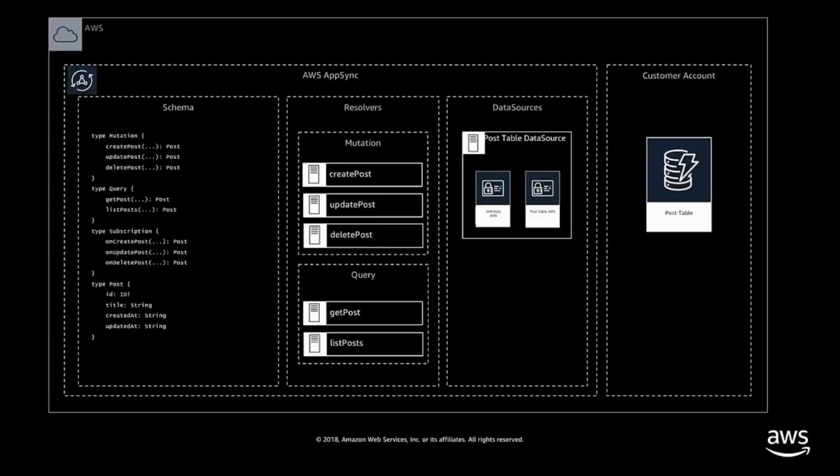All the different CRUD operations, I guess you might think of these: create, update, and delete. Also, all of the resolvers that go along with these operations. So each of these mutations and each of these queries needs their own resolver to interact with the data source. Those are all also generated for us. And then finally, we also generate the actual data sources. So using the @model decorator, we're going to be given DynamoDB tables that correspond with these types.